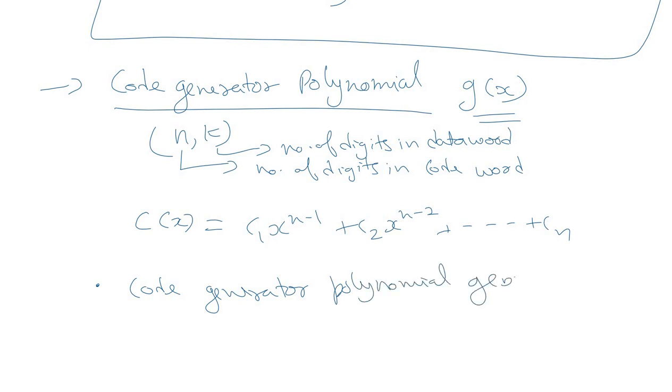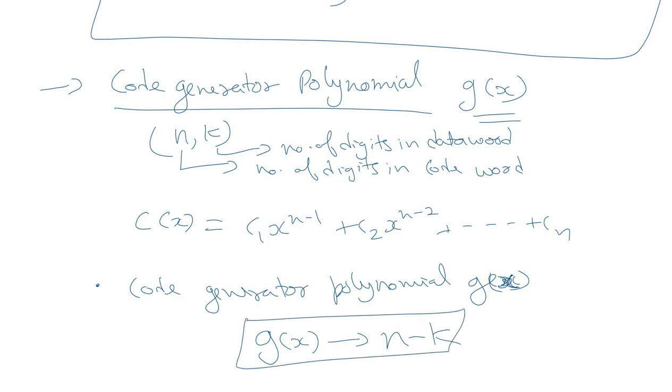that is g of x, is of order n minus k, is of degree n minus k. Always remember this, g of x will be of degree n minus k. It's a very important concept. If the degree of this code word is n, or you can say that the number of digits present in the code word is n, then the degree of the generator polynomial will be n minus k.